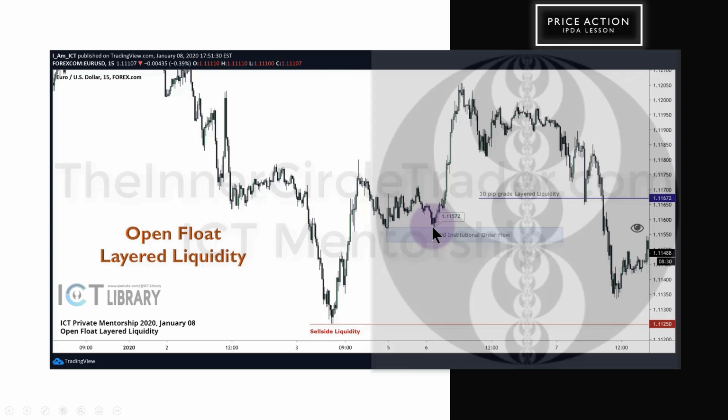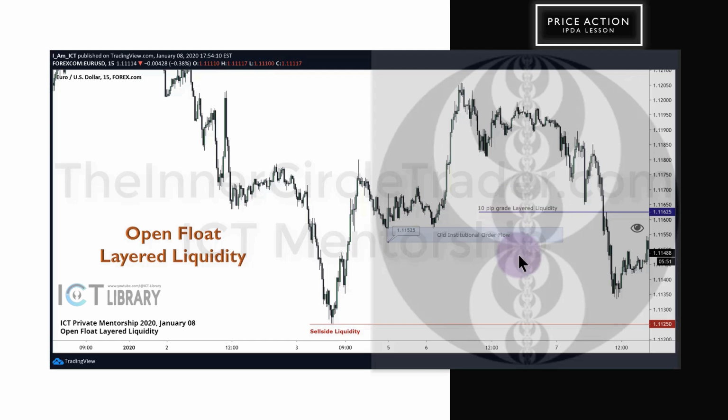10 pips exactly above that 111.57 and 2 pipettes takes us up to a 10 pip grade layered liquidity to 111.67 and 2 pipettes. Looking at the low here, the lower of the two, 111.52 and 5 pipettes, 10 pips exactly above that takes us to 111.62 and 5 pipettes.